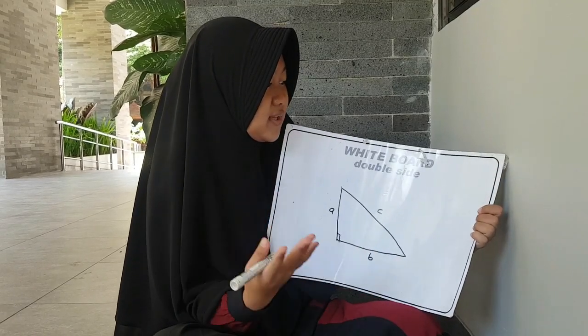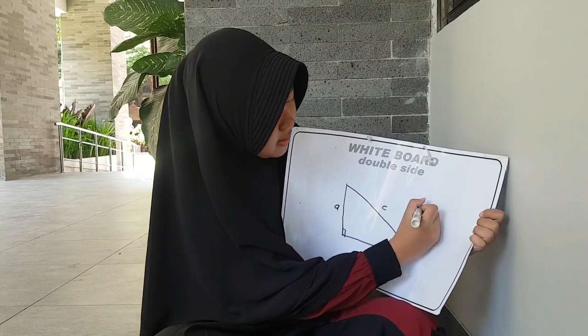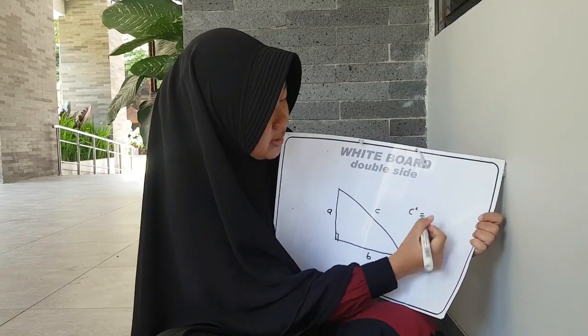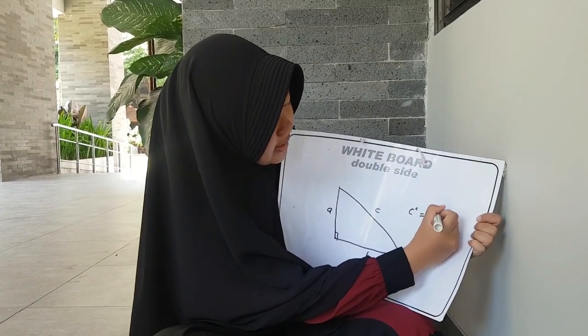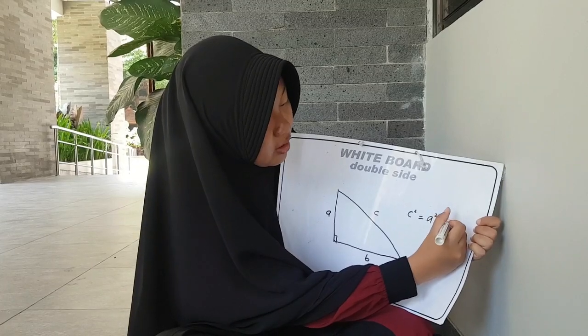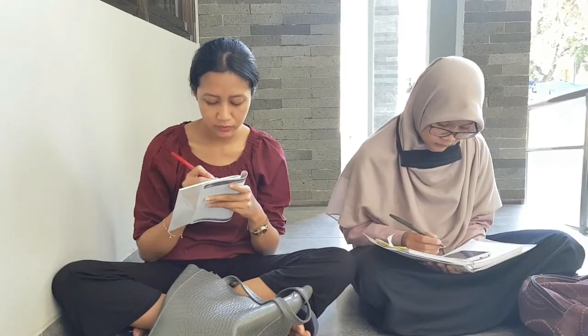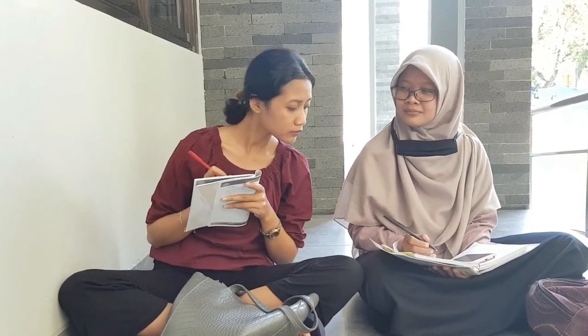Using the Pythagorean theorem, it can be expressed as: a square of C equals a square of A plus a square of B, like this. From the story of the boy, we can apply the Pythagorean theorem to find the shorter way to go to the canteen.